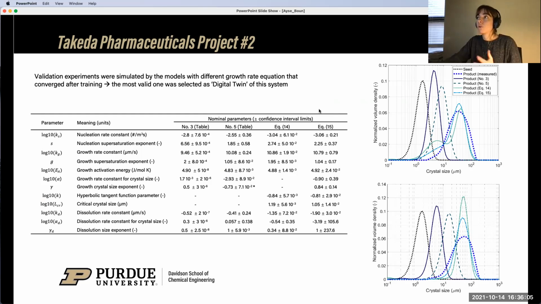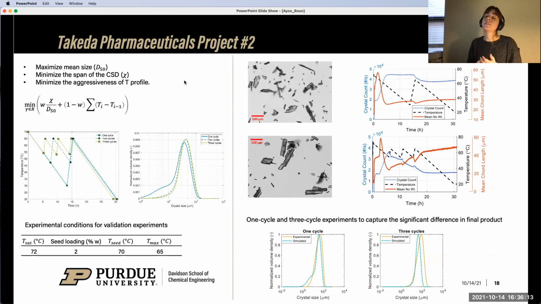And then we said that, okay, this mimics the system the best. We're going to use it as a digital twin to do further process optimization. And we created 3 scenarios to make a point. We knew that we needed temperature cycles. So we did 3 different process optimizations for 3 scenarios, one with 1 cycle, one with 2 cycles, and 3 cycles.